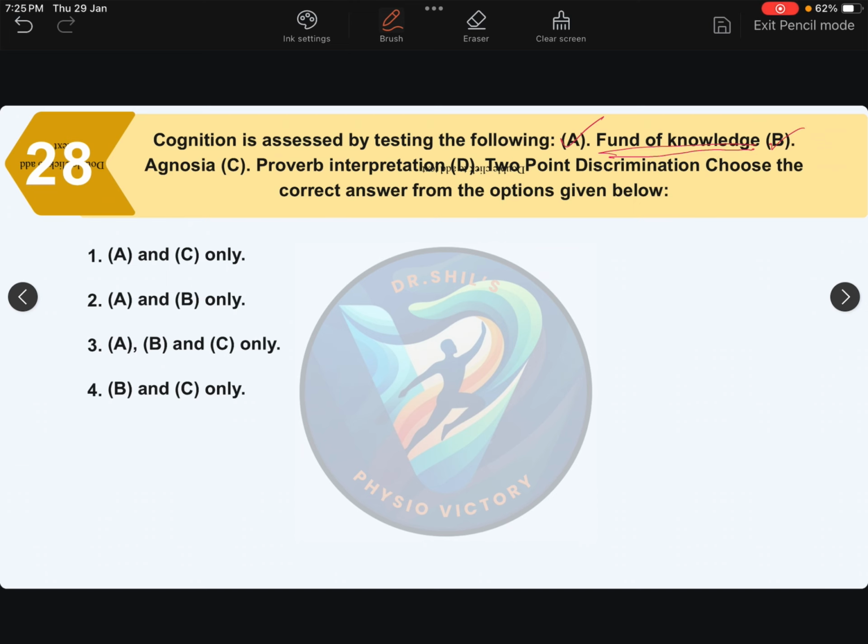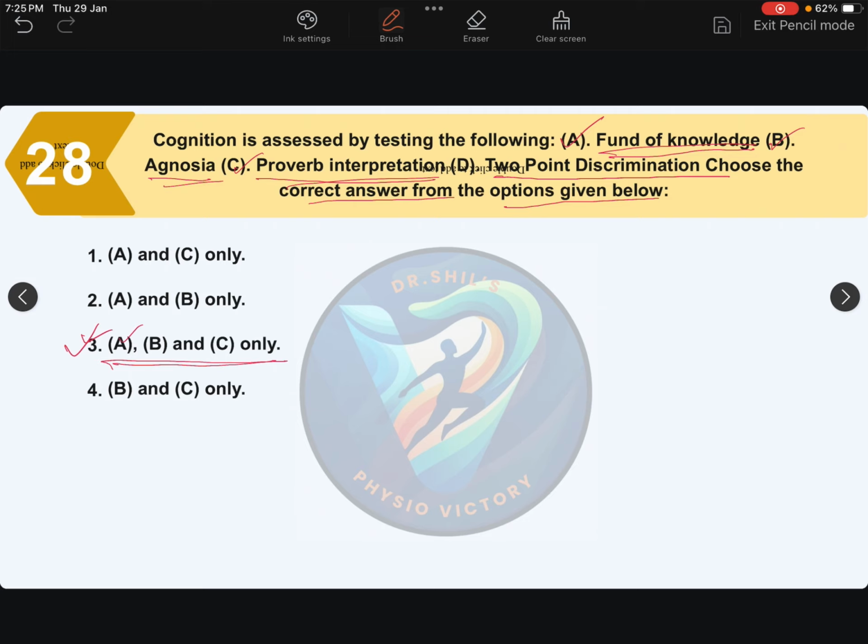B is agnosia. C is proverb interpretation. D is 2-point discrimination. Choose the correct answer from the option given. Here, the correct answer is option 3.